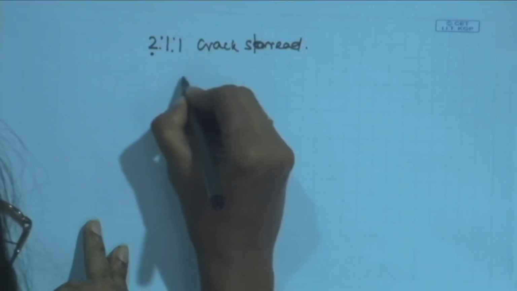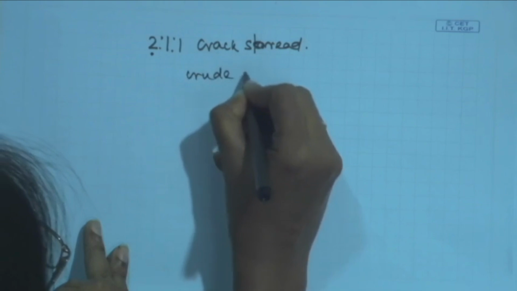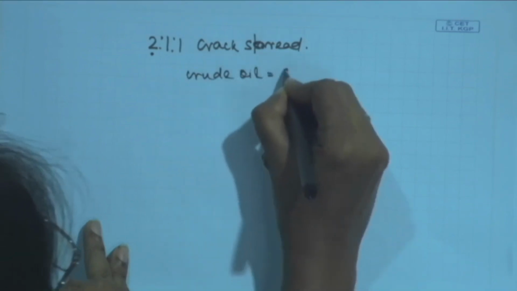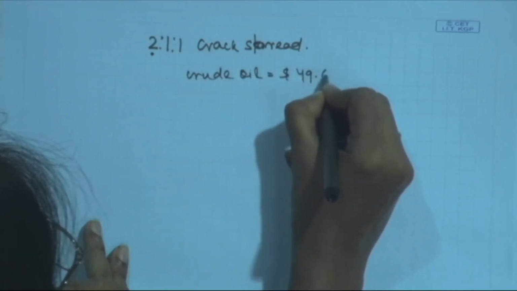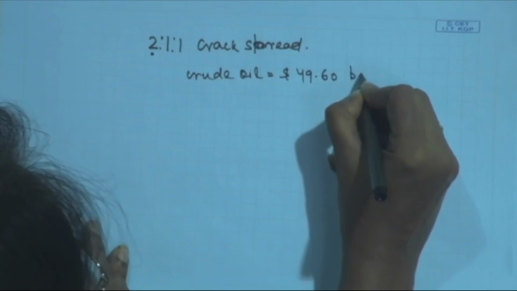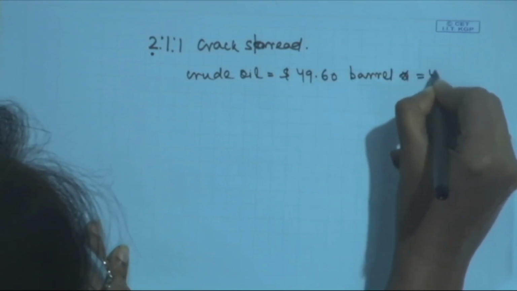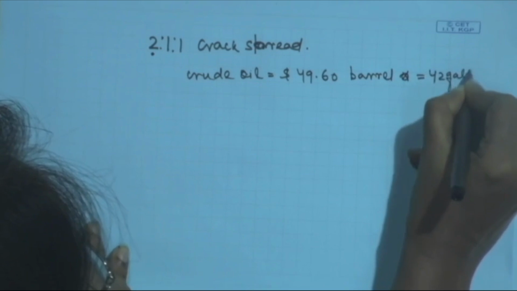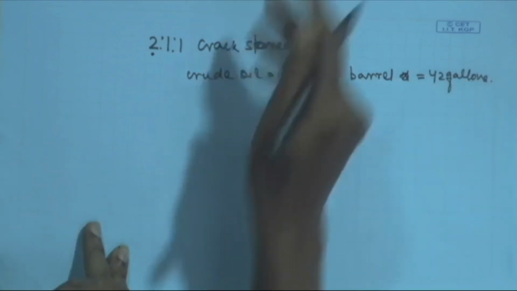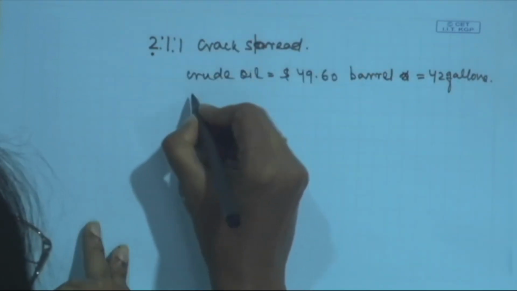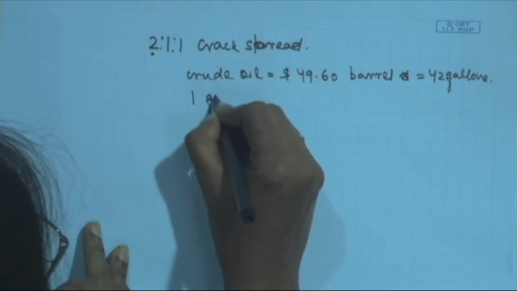Let's say crude oil is quoting at $49.60 a barrel, which is equivalent to 42 gallons, and you have 1 gasoline.